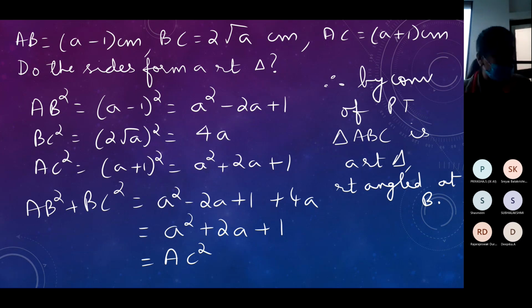By converse of Pythagoras theorem, triangle ABC is a right triangle, right angled at B. Okay, next one.